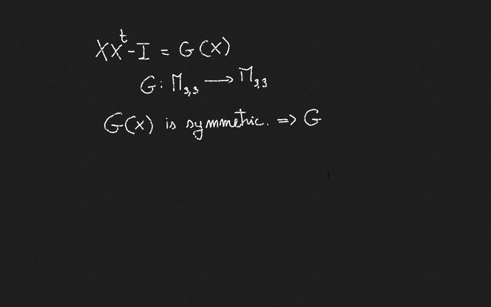So you can actually write this as a function from the 3 by 3 matrices to the symmetric 3 by 3 matrices. This is R^9, this is R^6. This is a linear space.